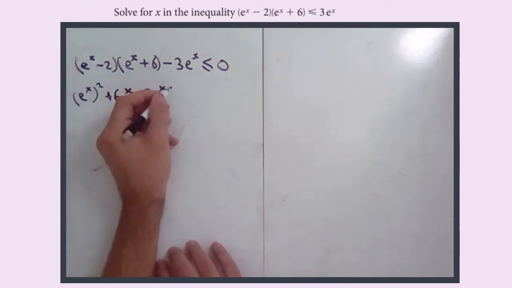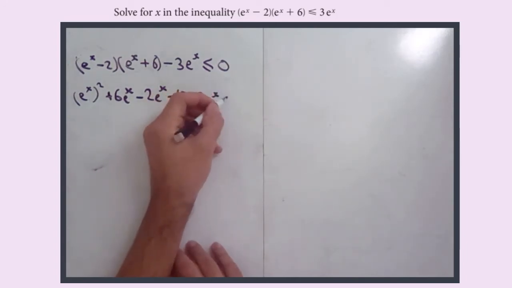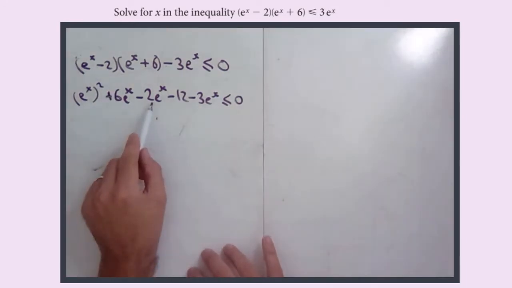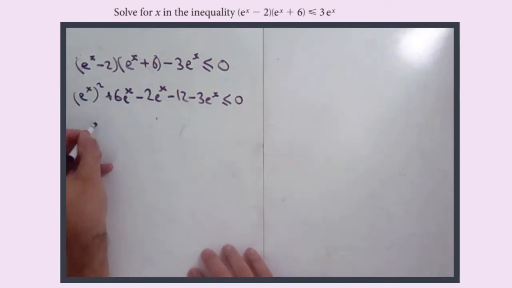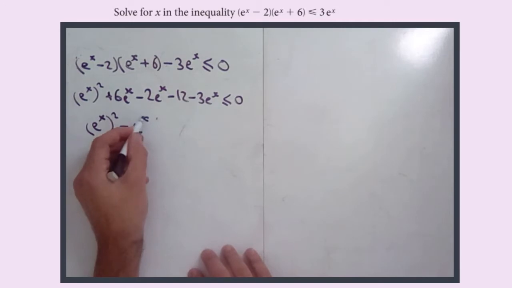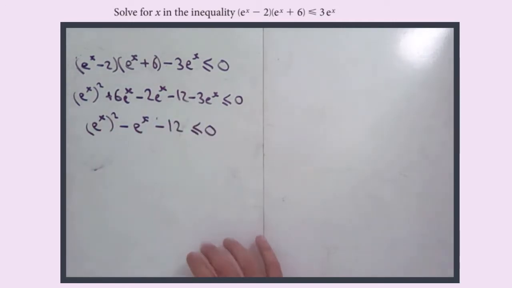Minus 2 times 6 is minus 12, minus 3e^x, the 3e^x that was already there, is less than or equal to 0. So now if we just group the like terms, 6, minus 2, minus 3, so that would be (e^x)^2 minus e^x minus 12 is less than or equal to 0.